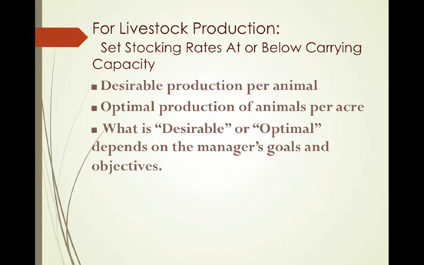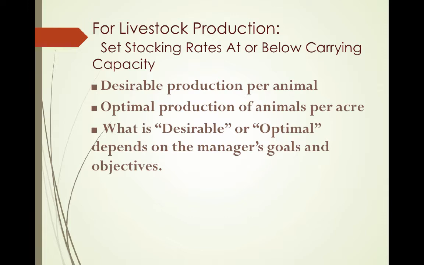And if we're overstocked, we're going to have a lot of animals, but they're not going to gain very well. So the optimal production of animals per acre really is why we put so much emphasis on calculating stocking rates and making sure that those stocking rates are below the carrying capacity of a pasture or allotment or a permit.